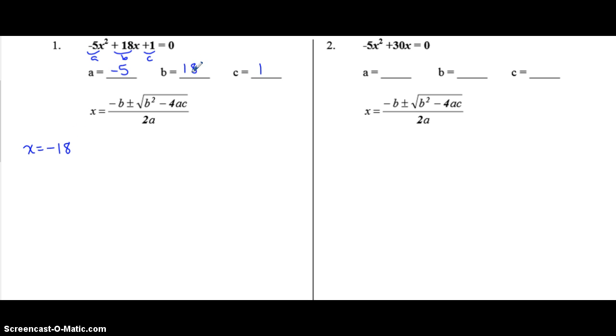If the 18 was negative, you'd have negative 18. So that negative is part of the formula, not part of the b. Plus or minus square root of 18 squared minus 4 times negative 5 times 1, so b squared minus 4ac, all over 2 times negative 5, 2a.